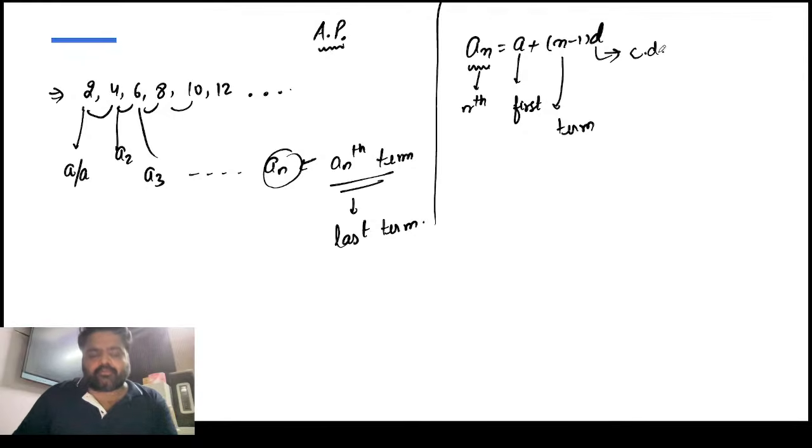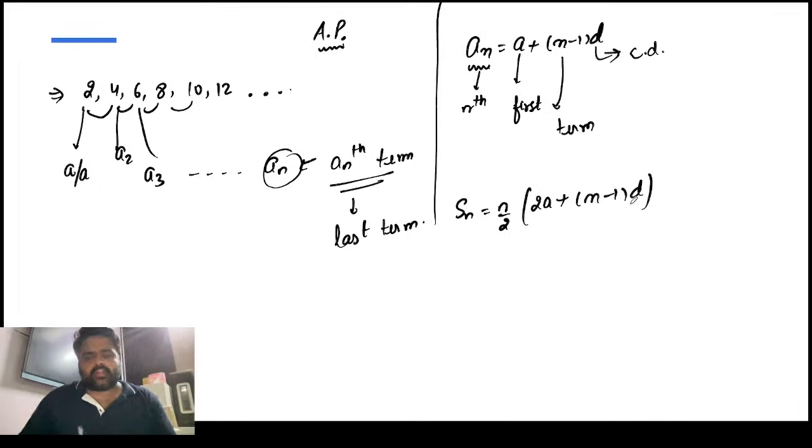And if we talk about the sum of the given terms, Sn, the formula for Sn is equal to n by 2 into 2a plus n minus 1 into d, right?